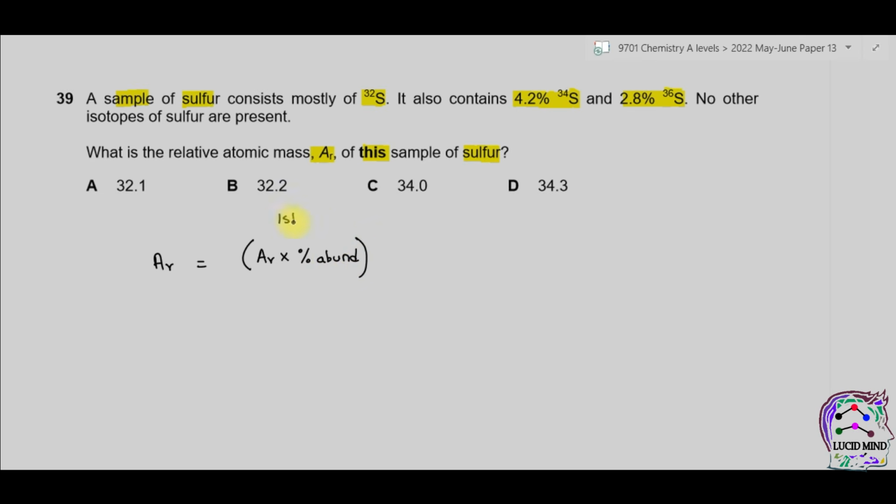This is for first isotope, plus atomic mass into percentage abundance of second isotope, and so on, divided by the sum of percentage abundances.